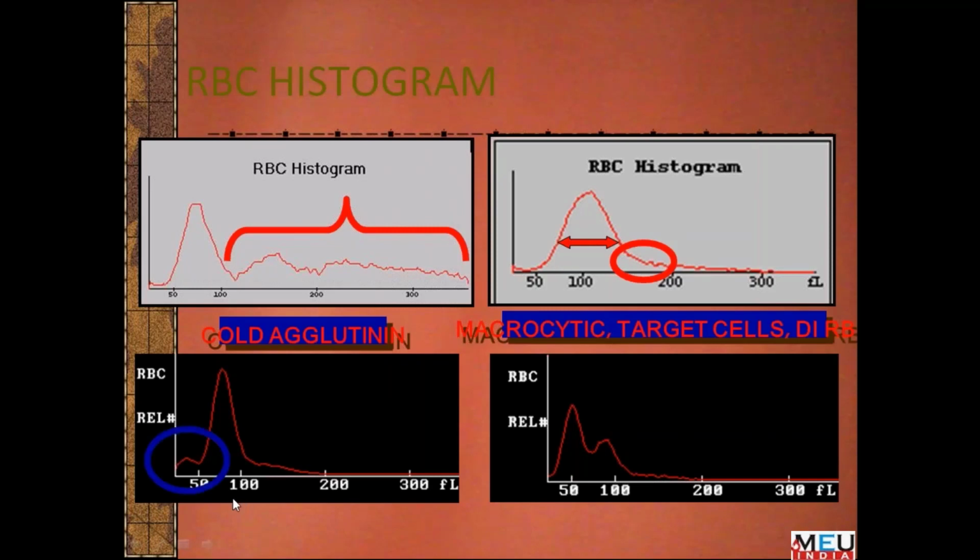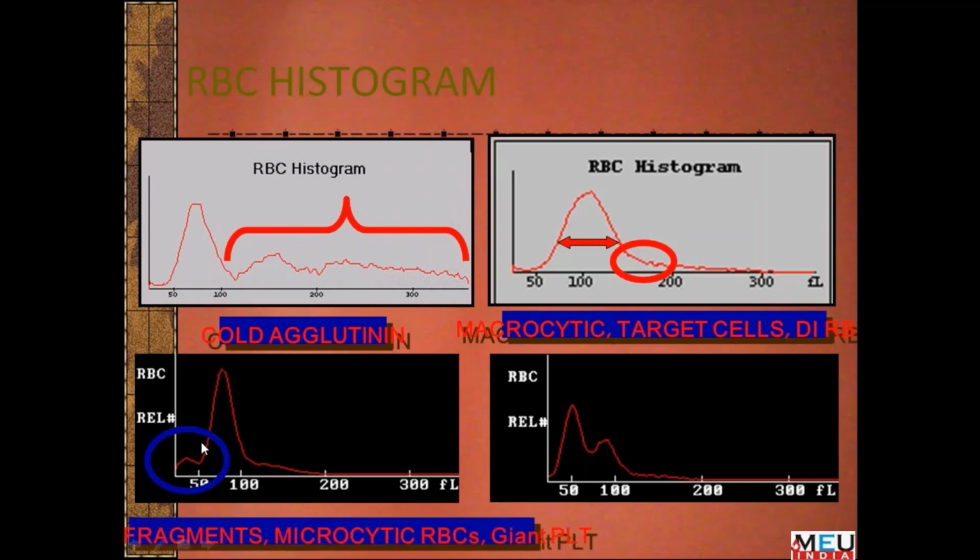Now here you see that the absolute zero is not there, but it is starting slightly above zero. This is when some small particles are there. This could be seen in hemolytic anemias, giant platelets, or microcytic, very small broken RBCs.